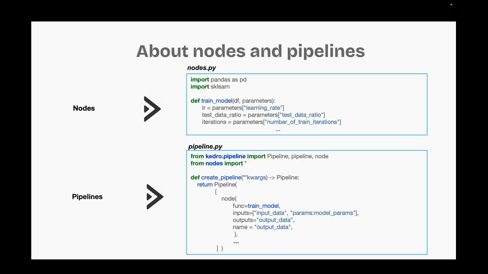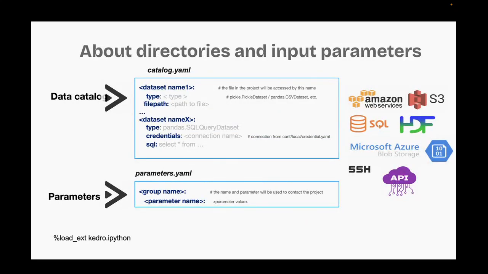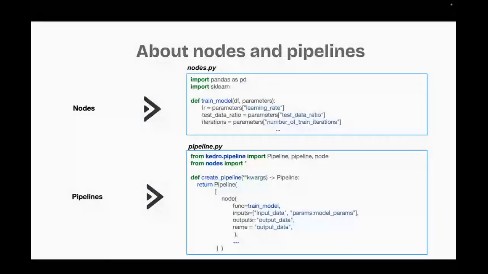Inside each pipeline folder, you'll find two key files, nodes and pipelines. Pipeline.py defines the sequence of execution for different parts of the pipeline, known as nodes. Nodes contain all the functions that the pipeline uses.